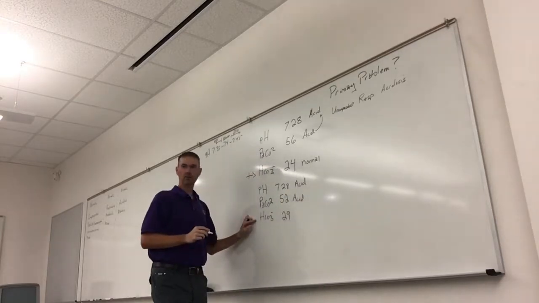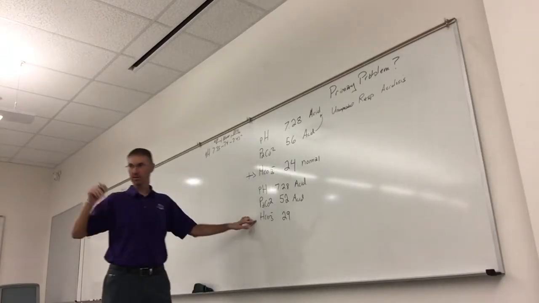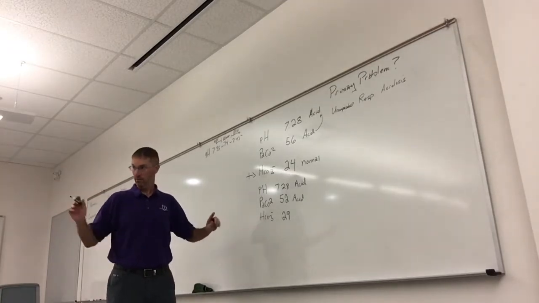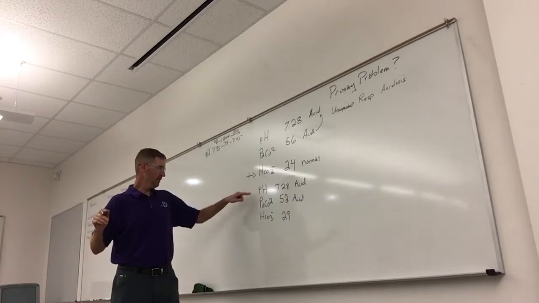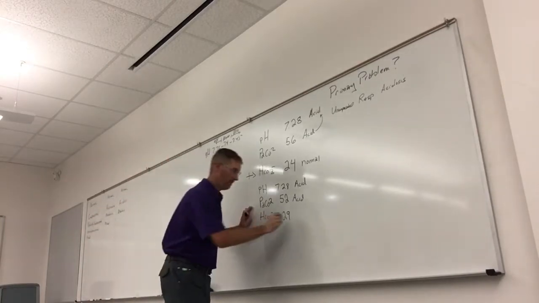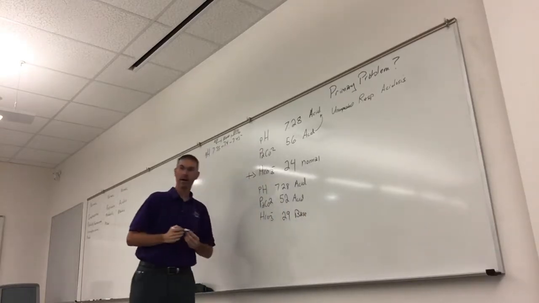Bicarb, acid, base, or normal? It's base, right? Remember ROME, respiratory opposite, metabolic equal. So high bicarb is base, right? You guys good with that? So the pH is acid, the CO2 is acid, and the bicarb is base. You guys see that? Okay. It's base, and base means the same thing as alkalotic, right?